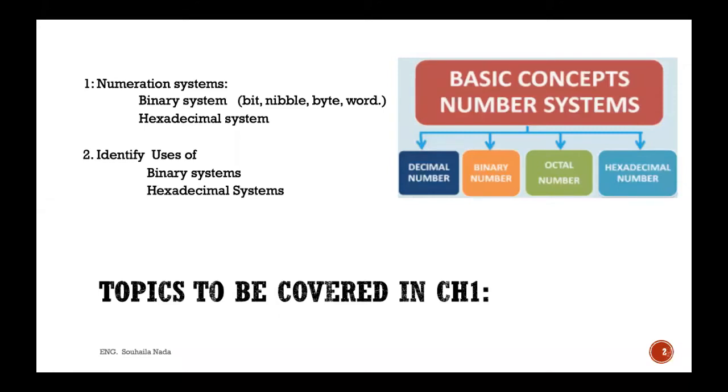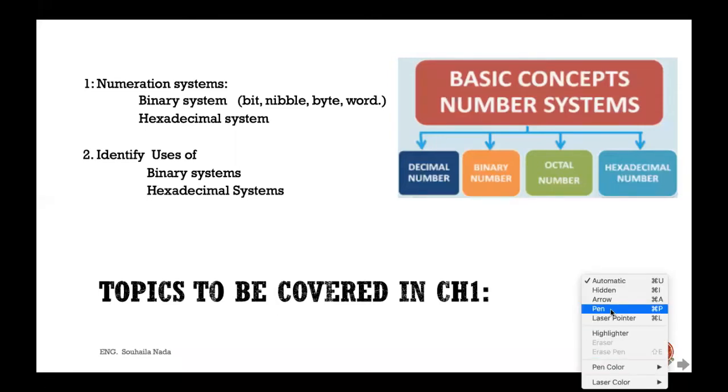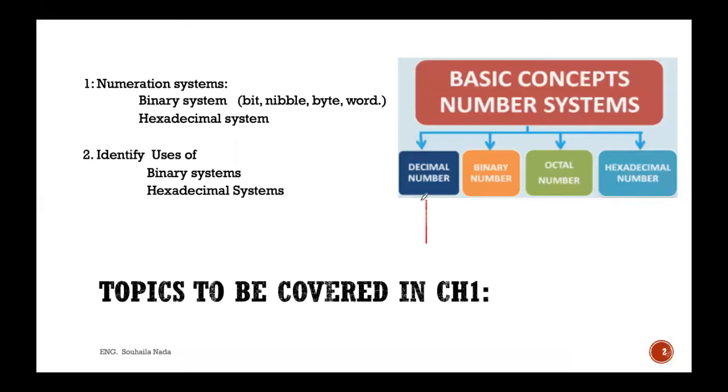We would like to relate what they discover in math to our computer science field. Those systems exist in math, but in our school we are always learning the decimal system.